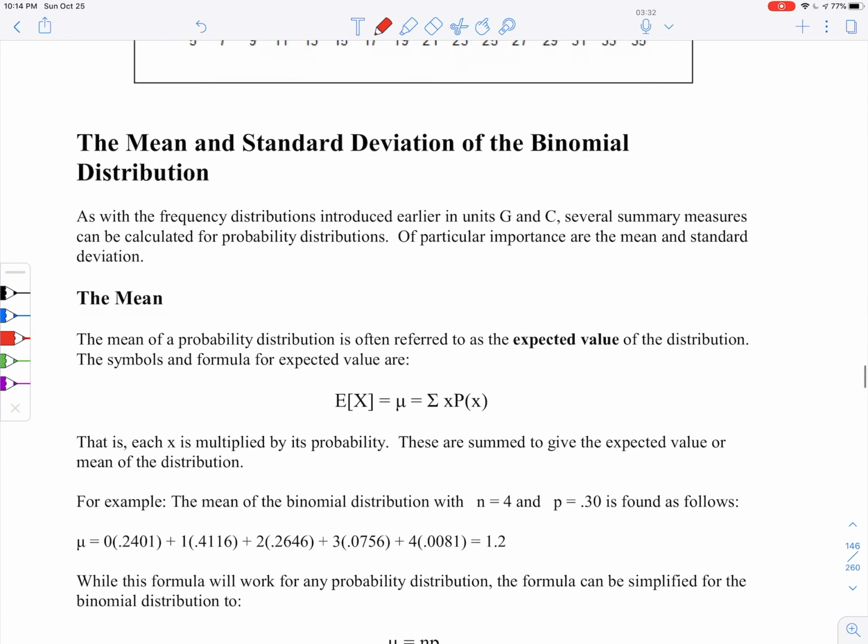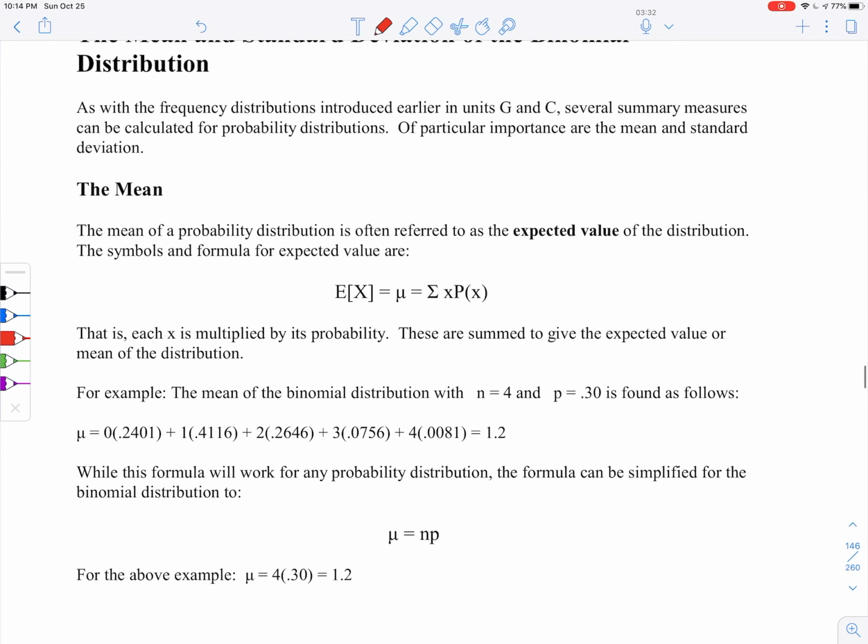Let's take a look at how that works, more formally, using a formula called the expected value. The expected value of a probability distribution, which is just the mean of the probability distribution, is equal to the sum of the x's times the p of x's.